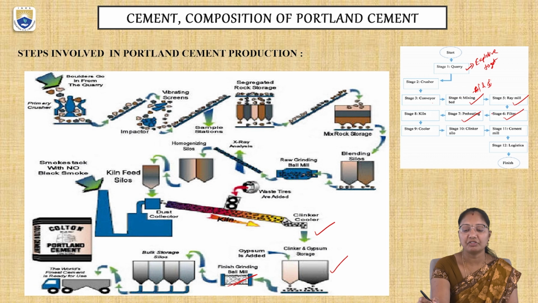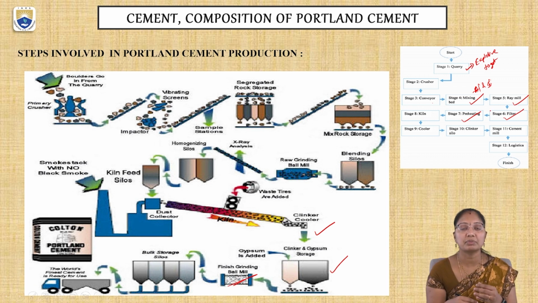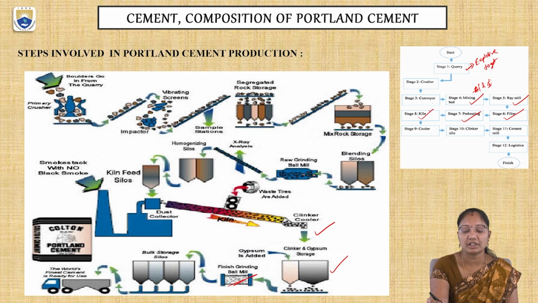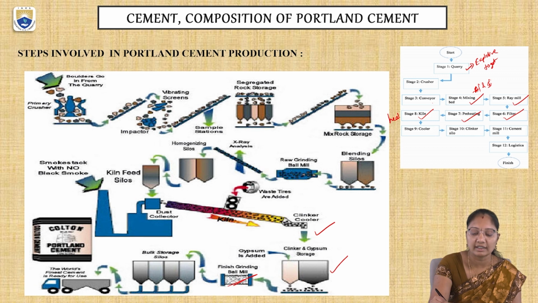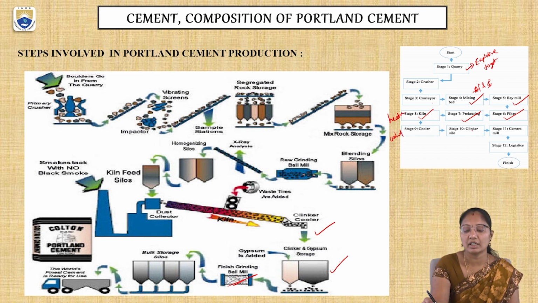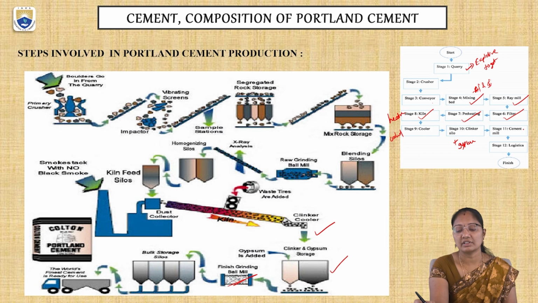Then these mills and filters are only for getting a homogeneous mixture. Then it enters the kiln where heating happens. Then the cooler, where it is cooled down. Then it is added to the clinker silos, where it is combined with the gypsum. Then it goes into the cement mill. They are stored in the silos.